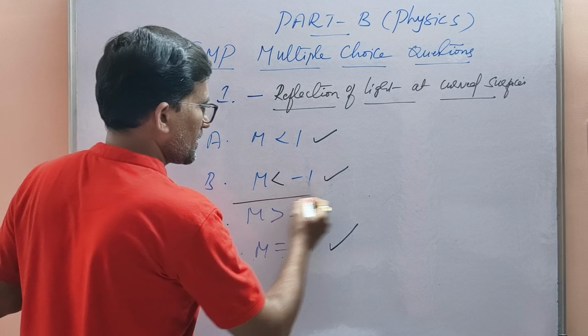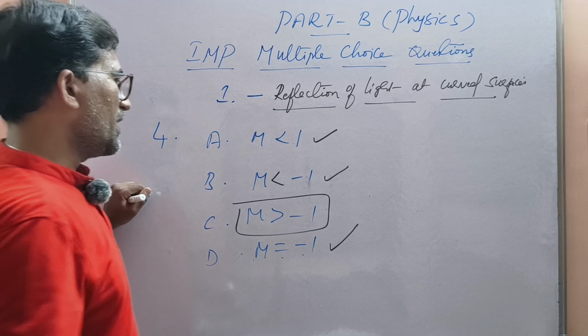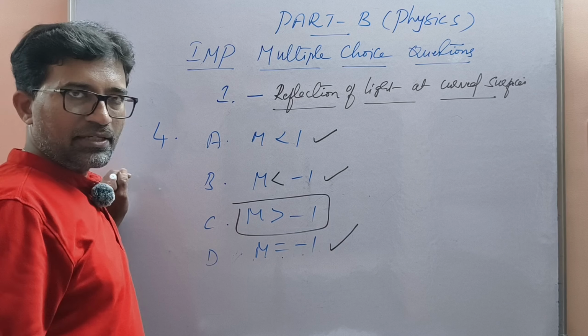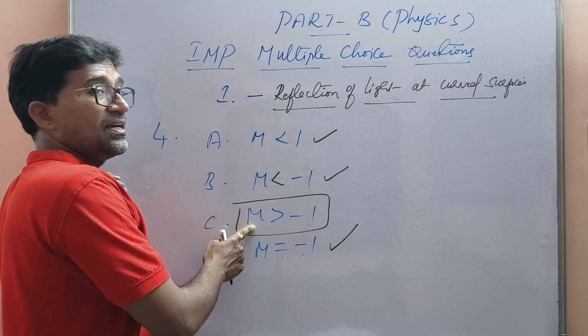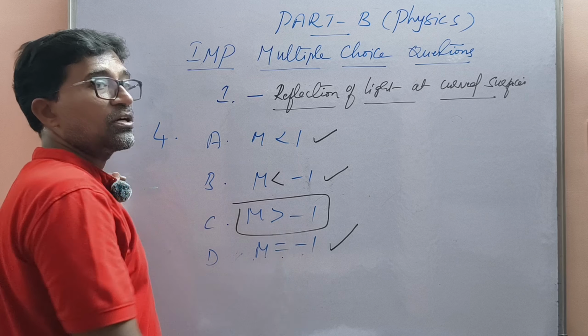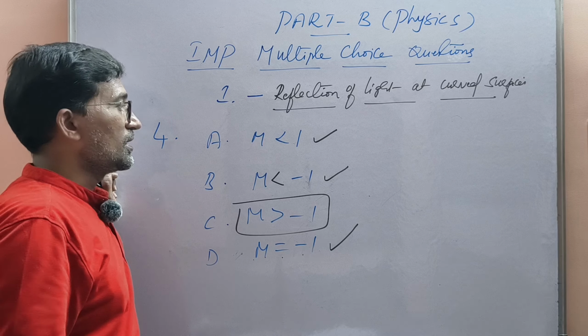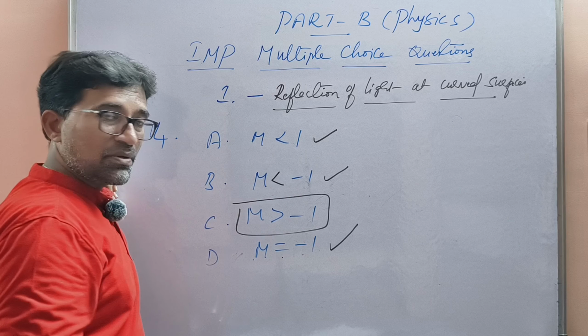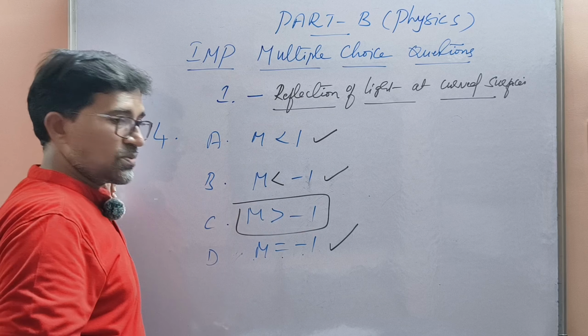And M is greater than minus 1 is not possible for a concave mirror, because here magnification value is more than minus 1. It is not possible for a concave mirror. Is it clear? M is less than 1 is possible. M is less than minus 1 is possible.